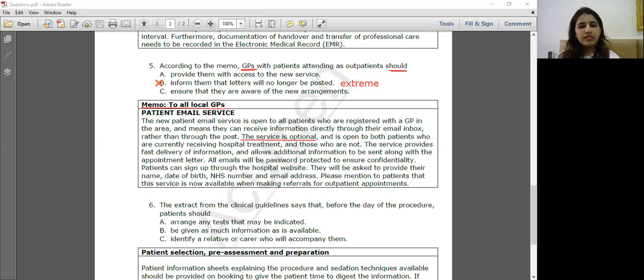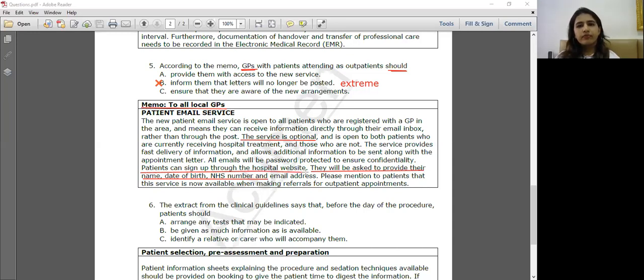If you read it carefully, it says that the service provides fast delivery of information, additional information, and all emails are password protected. They will be asked to provide their name, date of birth. It says patients can sign up through the hospital website.